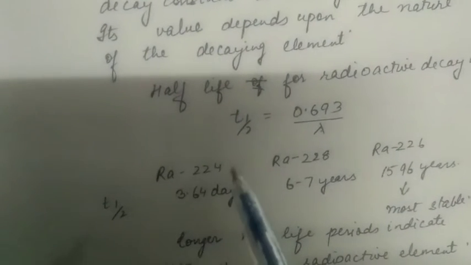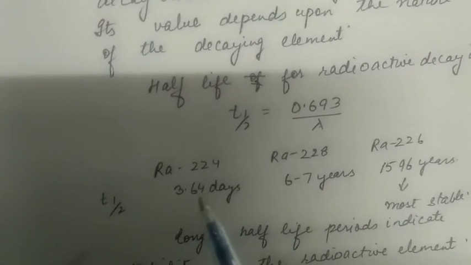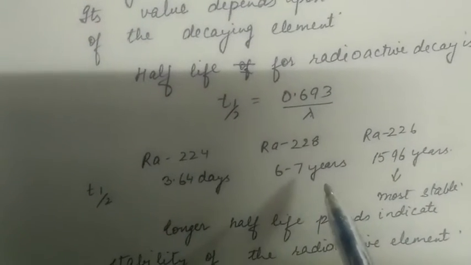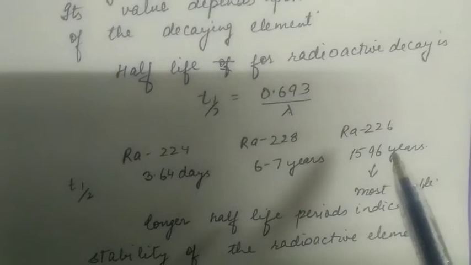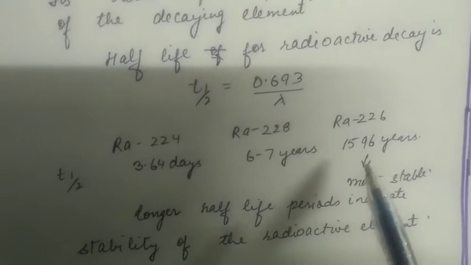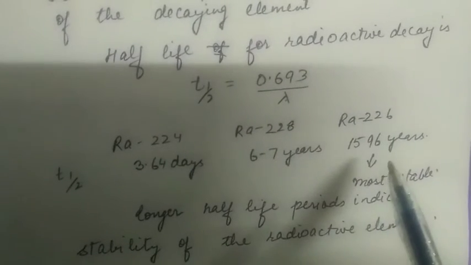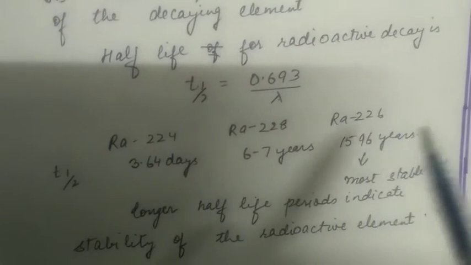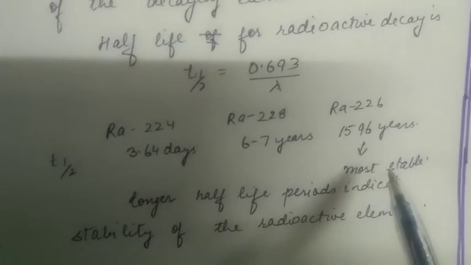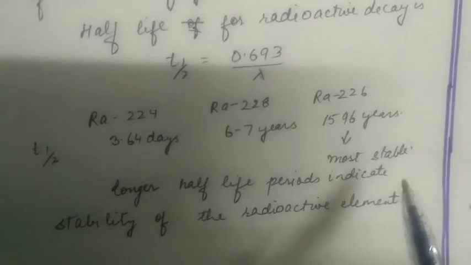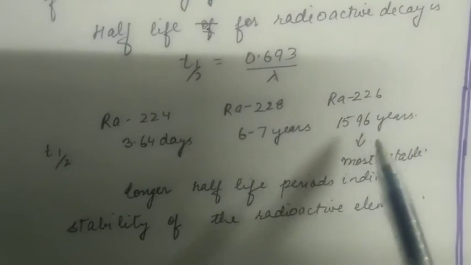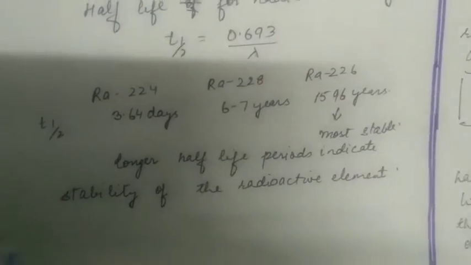For example, radium-224 has T half equal to 3.64 days, radium-228 has 7 years, and radium-226 has 1596 years T half. That is, this many years will be taken for radium to reduce its concentration to half. A longer half-life period indicates stability of radioactive elements. So out of all these three, this is the most stable element.